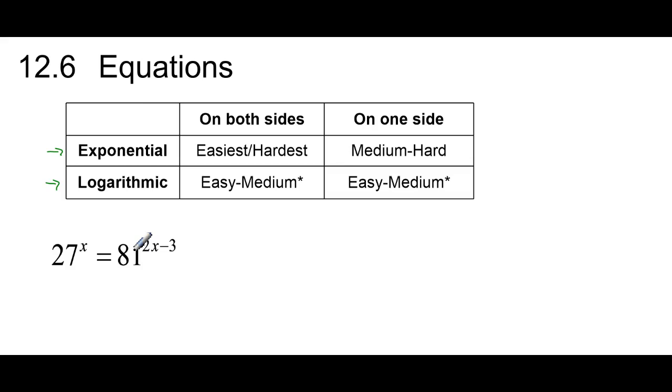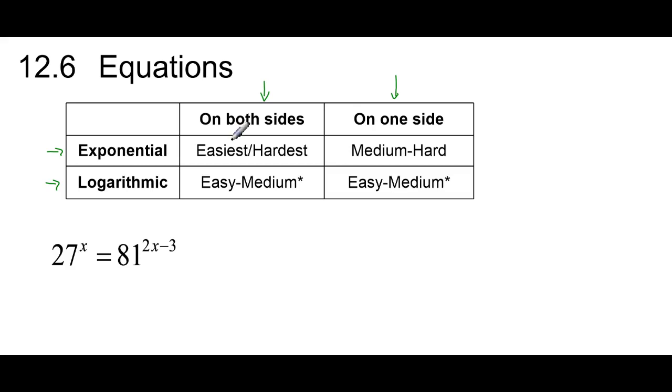And then the other difference is some equations have the function showing up on both sides, like you can have exponentials on both sides of the equal sign, or exponentials on only one side. Same thing with logarithms. You can have logarithms on both sides, or logarithms on just a single side.